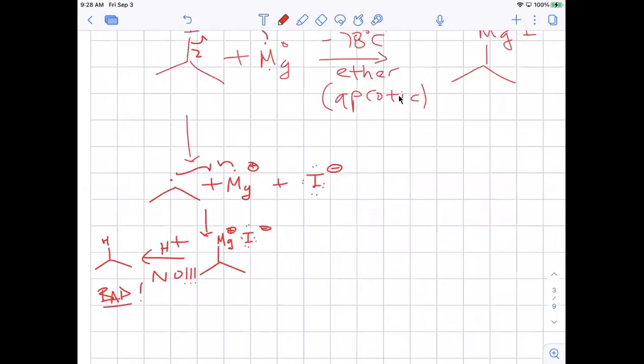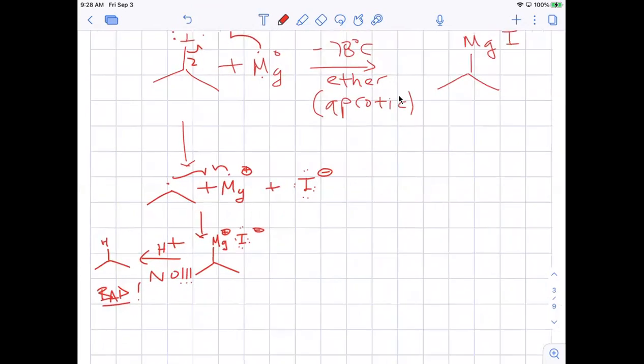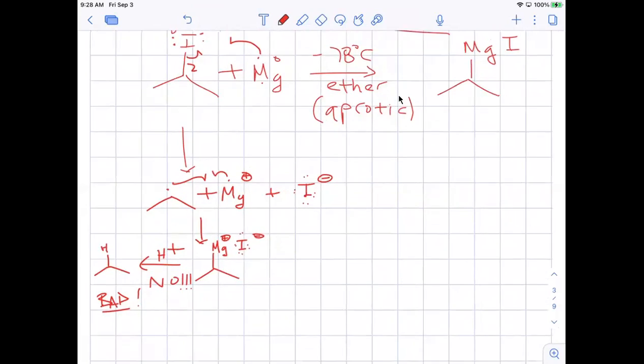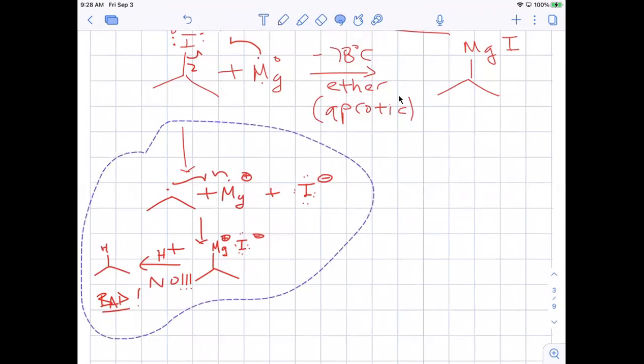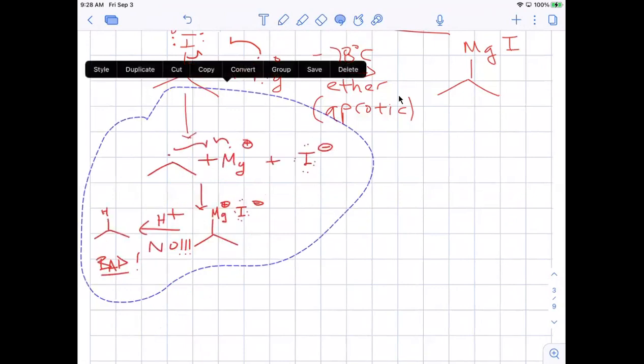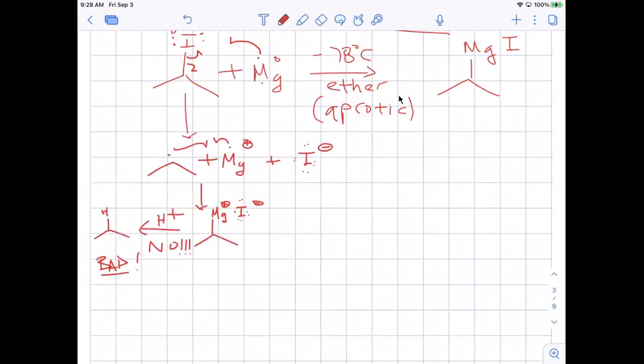That's bad, right? So you want to do this in an aprotic solvent so you can have that Grignard and use it to do other types of reactions, like your coupling reaction that I just showed you up top. We're going to do a bunch of those though, so don't panic. All right. Any questions about the Grignard synthesis? So the mechanism is radical, but it's not a chain reaction.